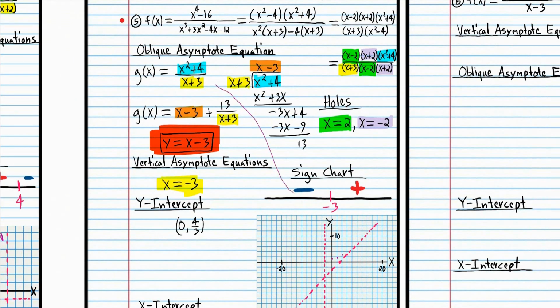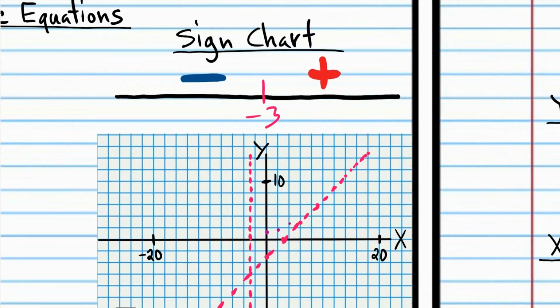If you plug in -2, we get 8 exactly. So 1, 2, 3, 4, 5, 6, 7, 8. And at this point you can connect the dots. We just needed a few more points there to get a feel for where the graph is.